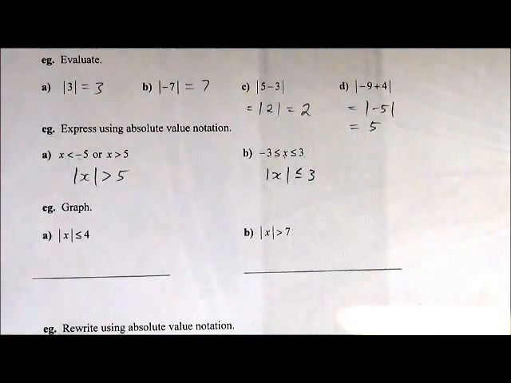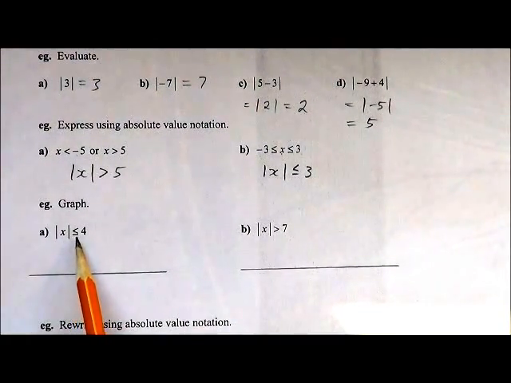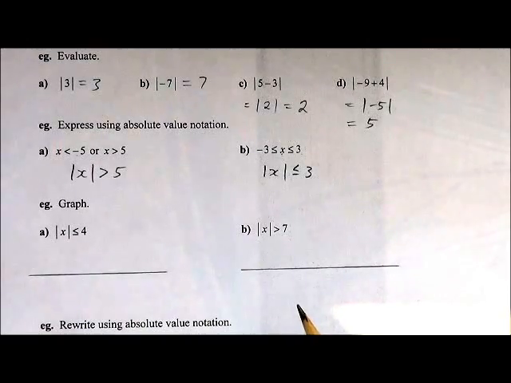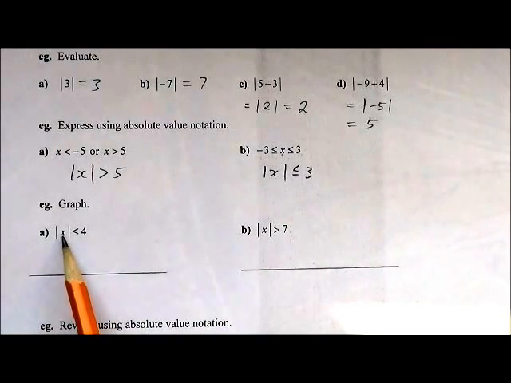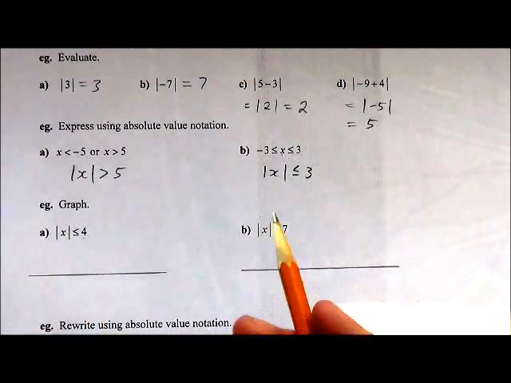Now we move along to doing a little bit of graphing on a number line. We see here that x is less than or equal to positive 4, so x is less than or equal to 4 units from the origin.